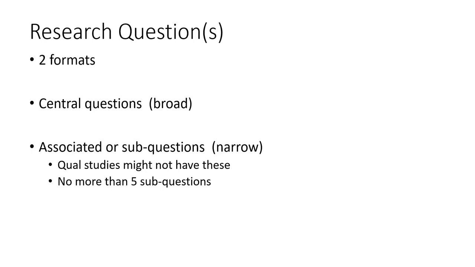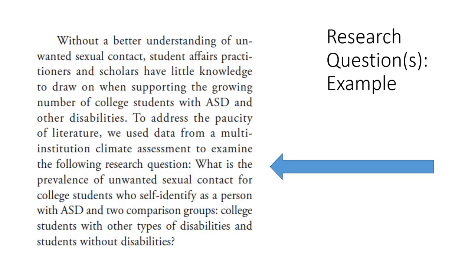They may or may not have sub-questions. Very frequently, quantitative studies have associated or sub-questions underneath the broad central one. Although for the purposes of a dissertation, I'm going to suggest no more than 5 sub-research questions. So what's this look like?